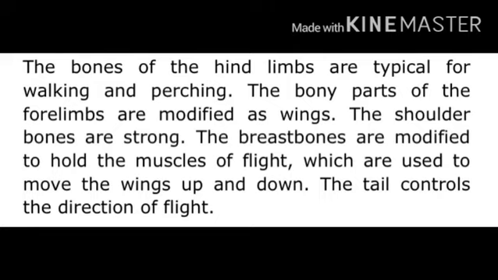The bony part of the forelimbs is modified as wings. The shoulder bones are strong. The breast bones are modified to hold the muscles of flight, which are used to move the wings up and down. The tail controls the direction of the flight.